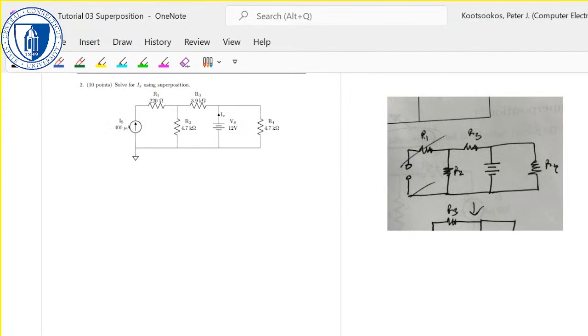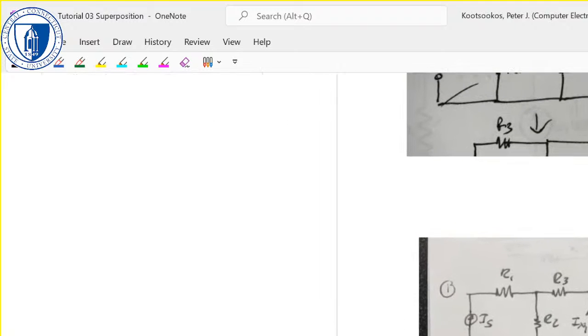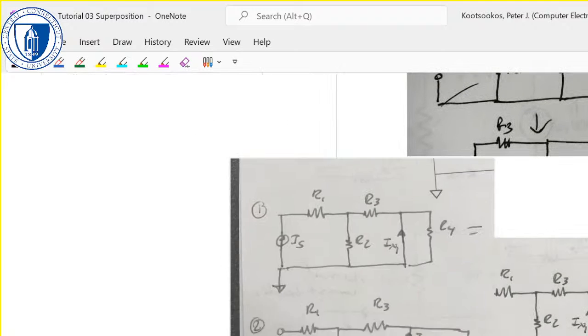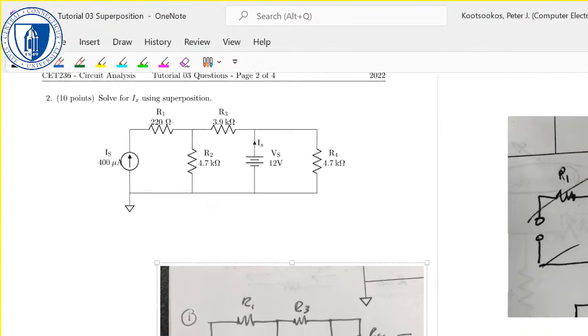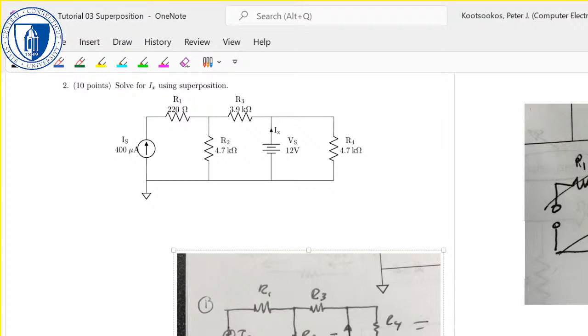Maybe if I keep that one running. There we go. Okay, so let's just move it over here so we can see everything on the screen at once.